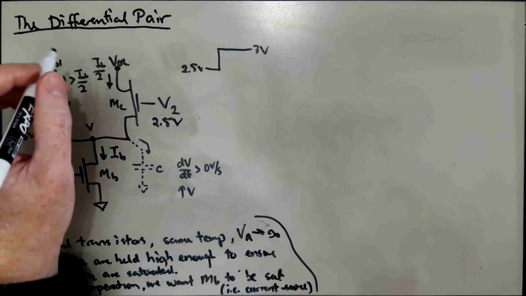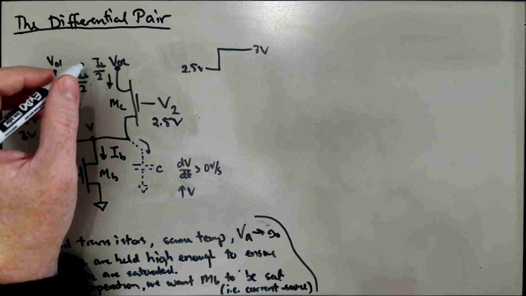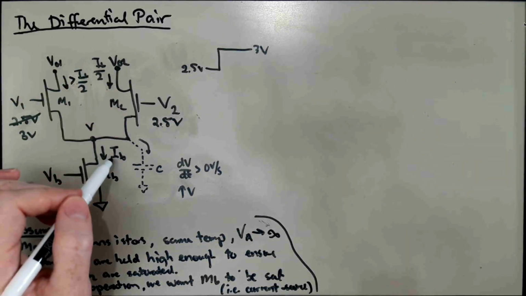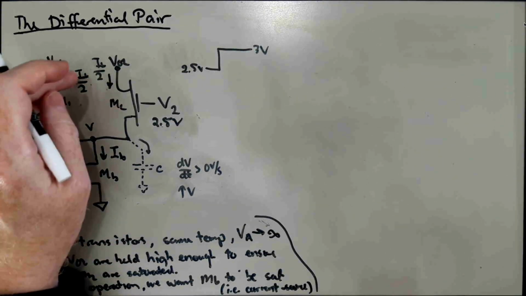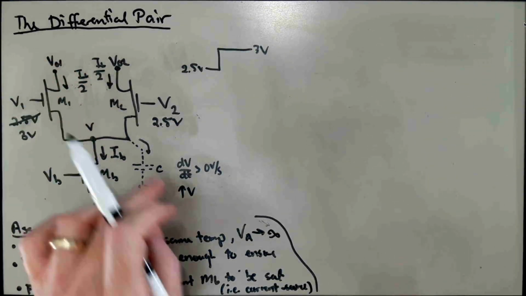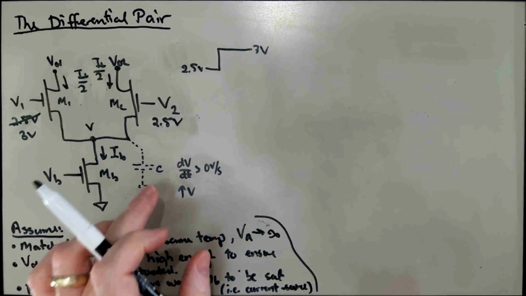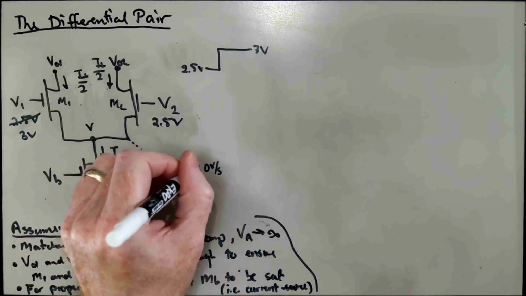And so the net effect is going to be that when the sum of these two currents reduces back down to its original level of IB, that's when this excess current stops and V stops increasing because dV/dt is 0.